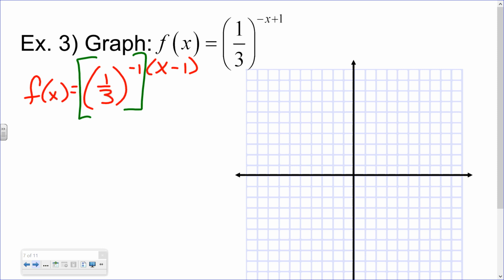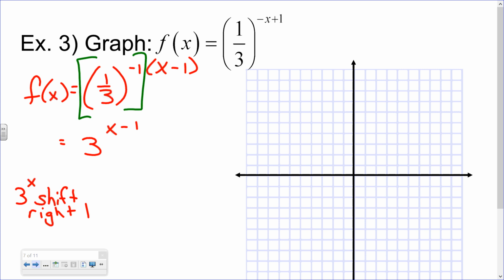What is 1/3 to the -1? So we are graphing 3^(x-1). Growth or decay? Shift which way? -1 on the inside goes which way? So we're going to do 3^x and shift it right 1.